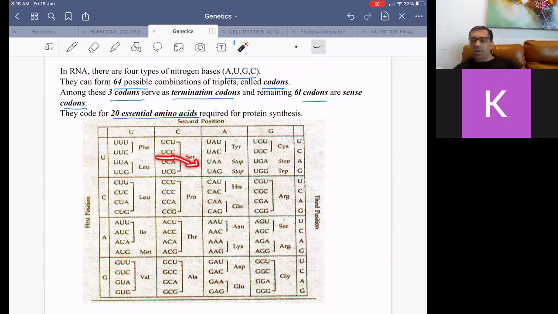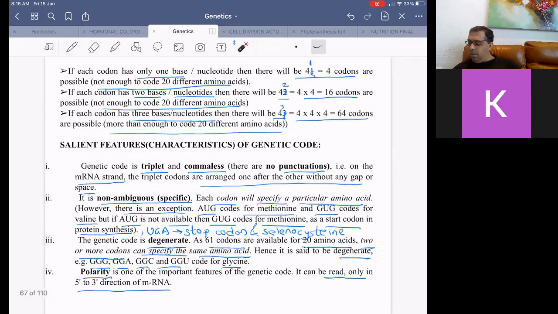That is unambiguous. But every amino acid is coded by more than one codon. That is called degenerate.